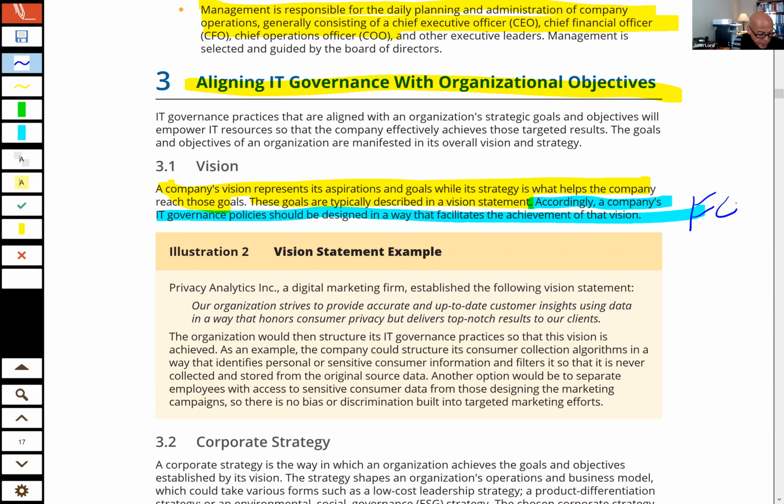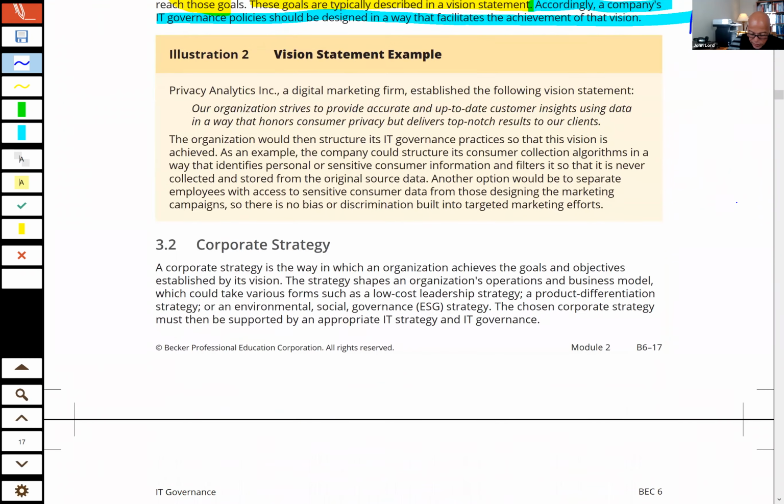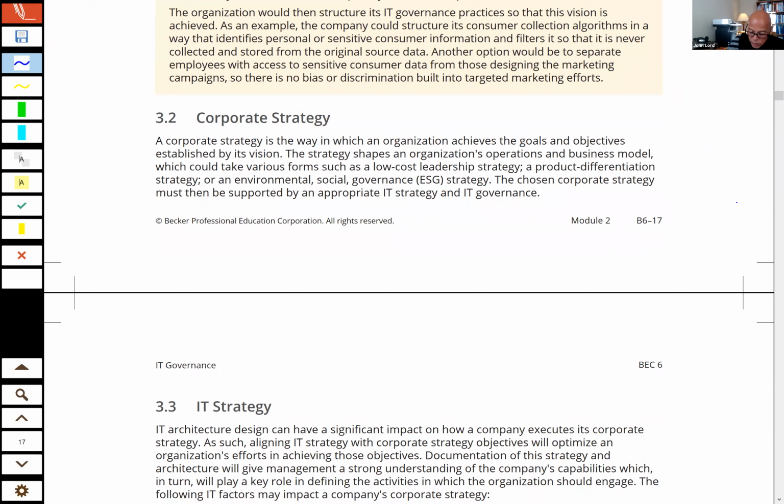Now, you come down and you can also have corporate strategy, okay? And a corporate strategy is the way the organization achieves the goals and objectives of its mission, excuse me, of its vision.